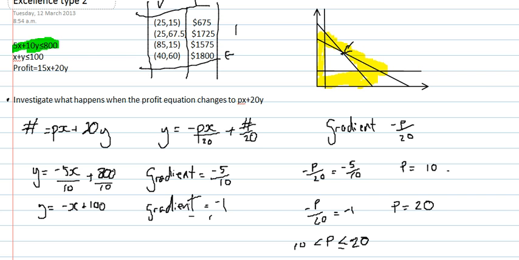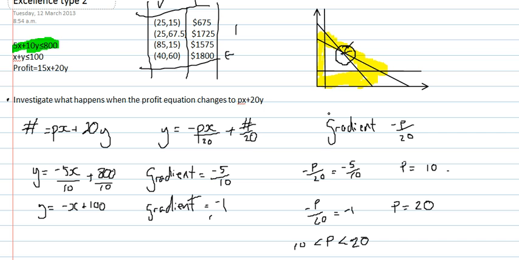Oh, I've just committed a cardinal sin, so I'm going to quickly get my eraser and rub out that less than or equal to. Now, here's the kicker. If I'm told that I've got to keep the same optimal solution, this optimal solution here, then my values for p could be between 10 and 20.